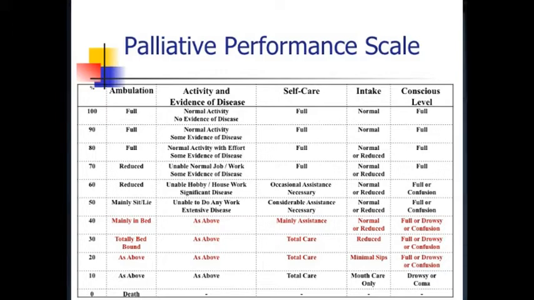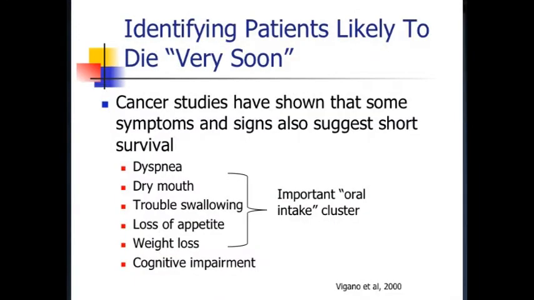So the PPS is a way of accumulating data on a number of different elements of performance. And if you look at the red lines here, you'll see that it focuses on self-care, intake, and conscious level. These have been looked at independently in other studies and might be used to improve prognostication.